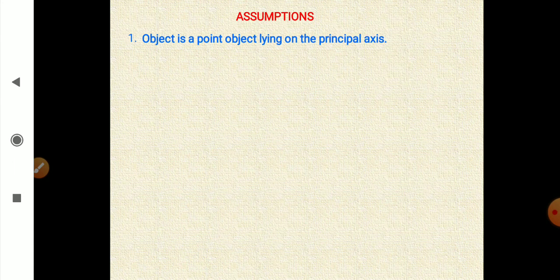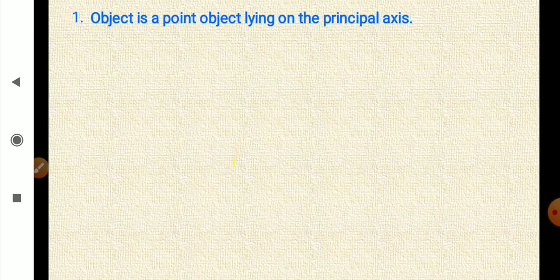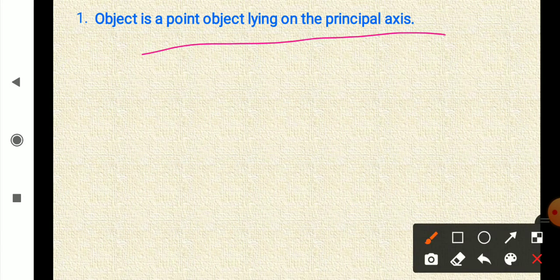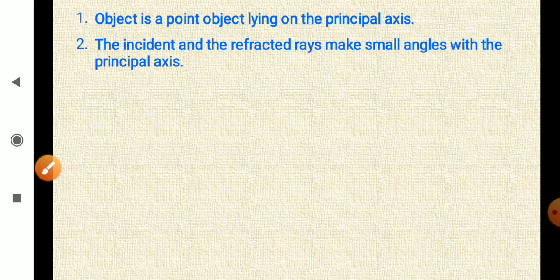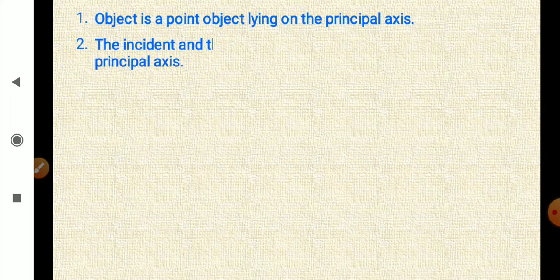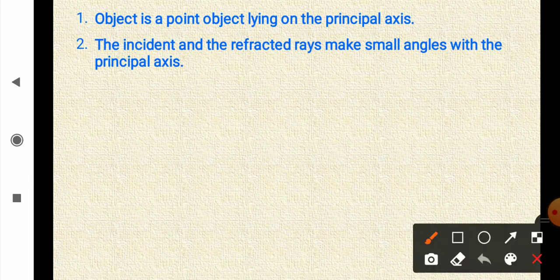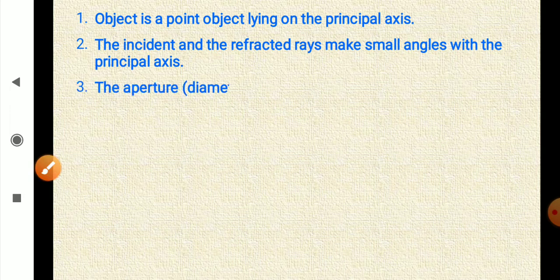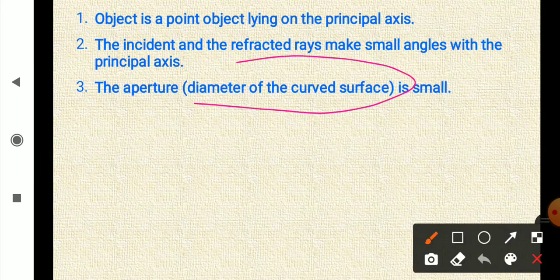And now, while taking the refraction at spherical surfaces, we will take the object as a very small point object lying on the principal axis. The incident and refracted rays make small angles with the principal axis, and the aperture or diameter of the curved surface is small.